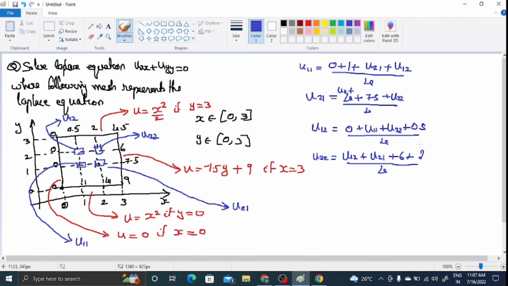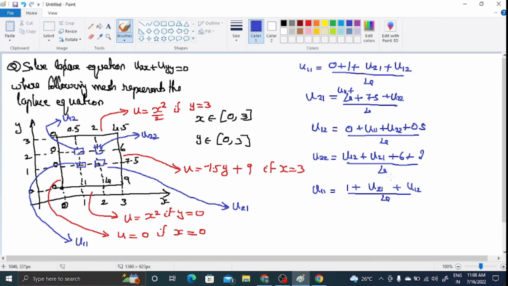Now we have all 4 points, because inside this mesh boundary we have to find 4 points. So we can write this neatly. u11 is equal to 0 plus 1, that is 1, plus u21 plus u12, divided by 4.